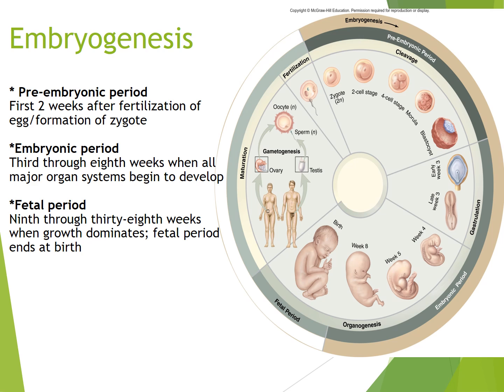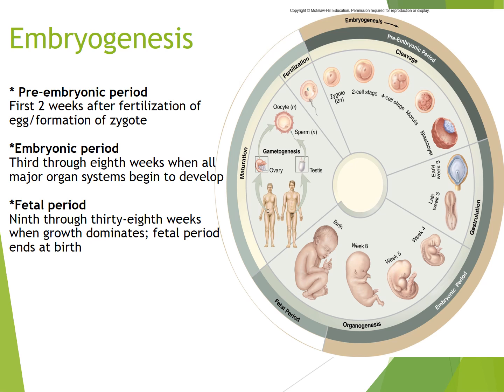Embryogenesis is collectively known as the developmental process that occurs for humans. And there are three different stages that occur. The first is the pre-embryonic period, and this is the first 2 weeks of development right after fertilization of the egg, where we have single cells of the sperm and the egg that become spherical, and then they start forming a blastocyst.